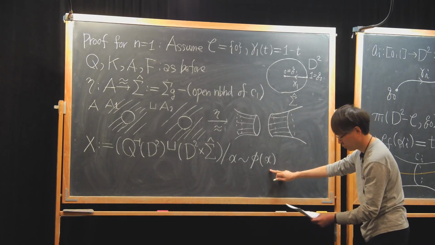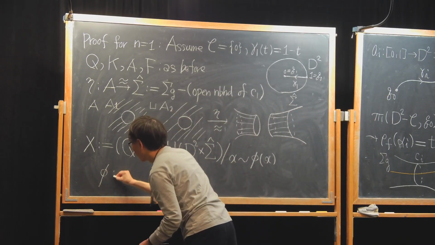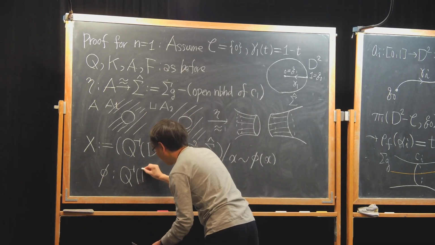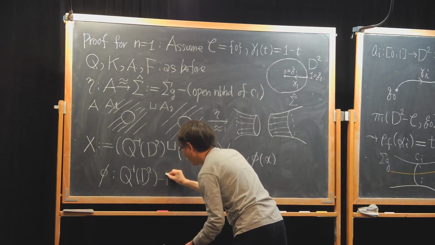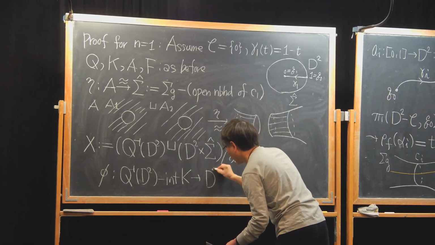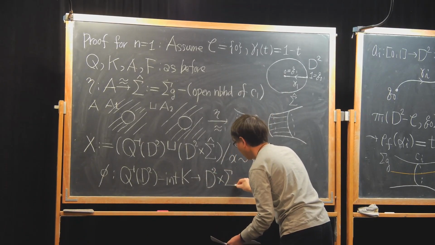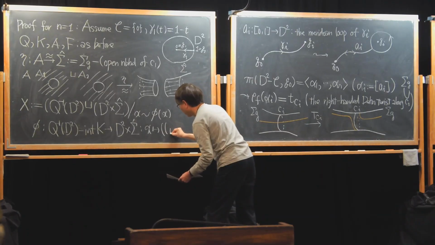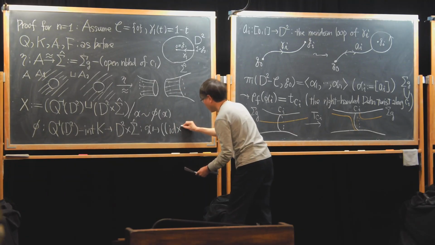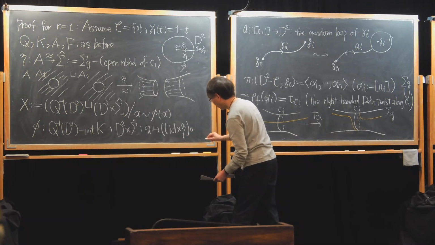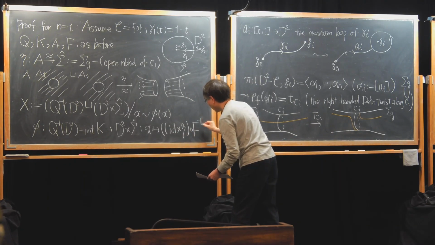Here, phi is a diffeomorphism defined as x maps to identity times eta composed with F inverse of x.